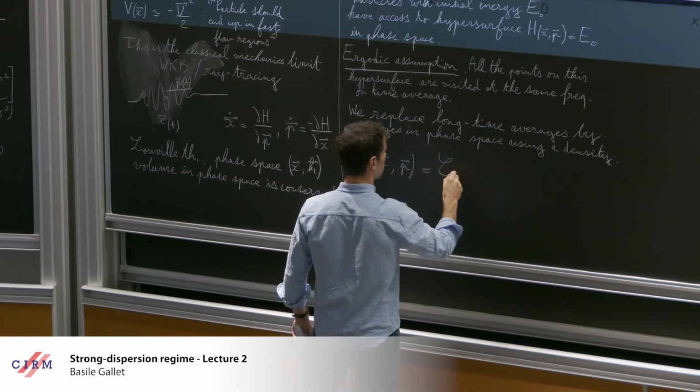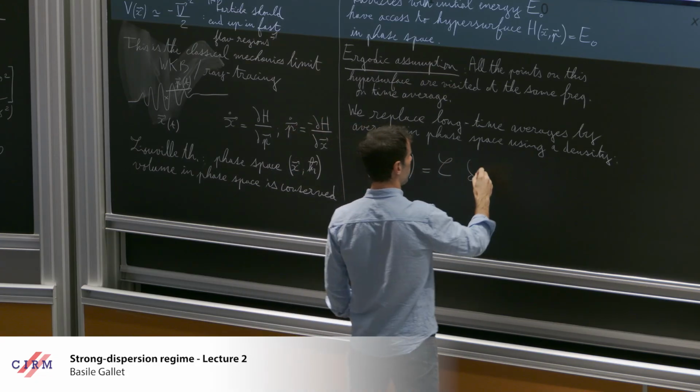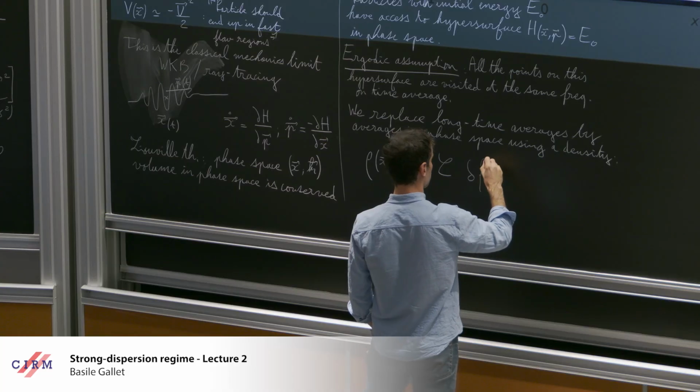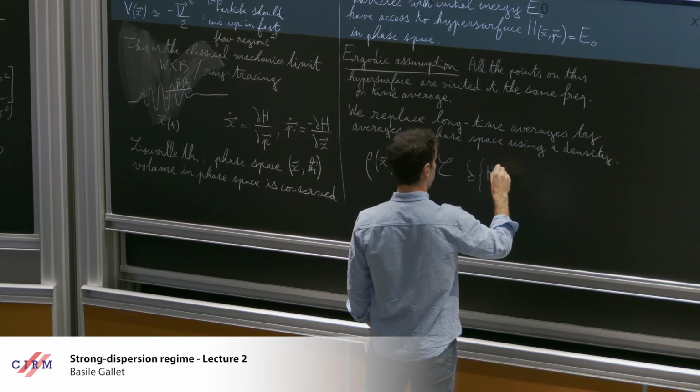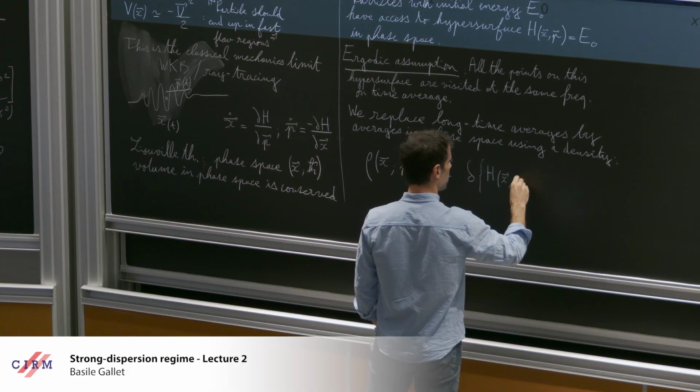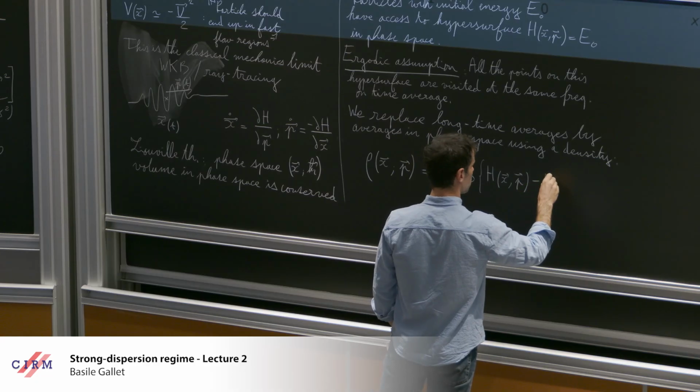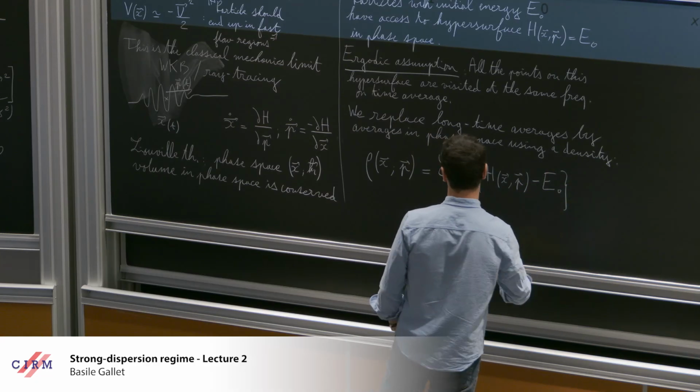It's a constant, and then it's uniform on the hypersurface where h of xp is equal to E0. Okay?